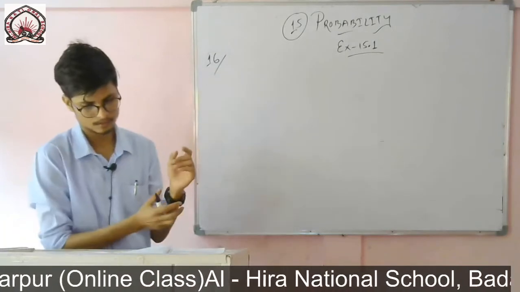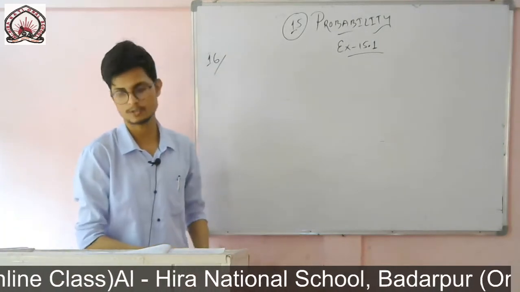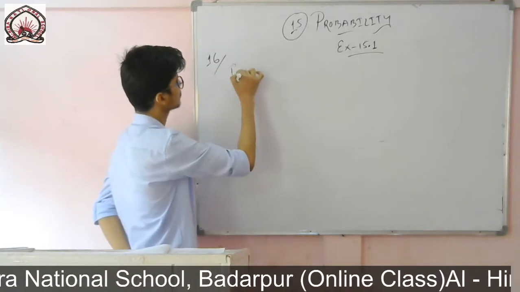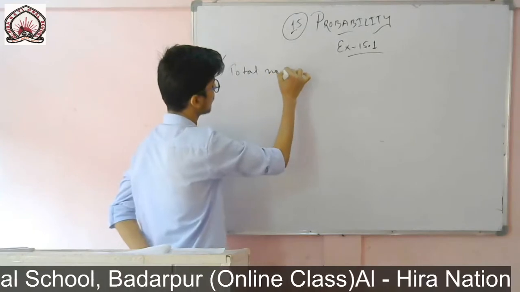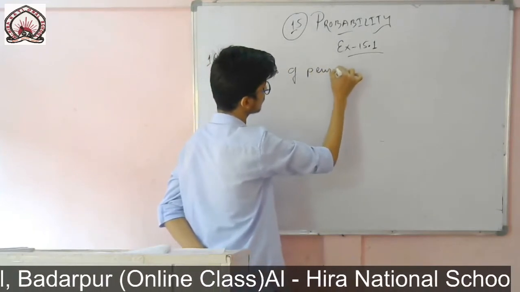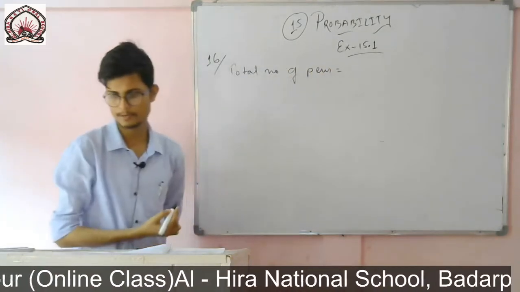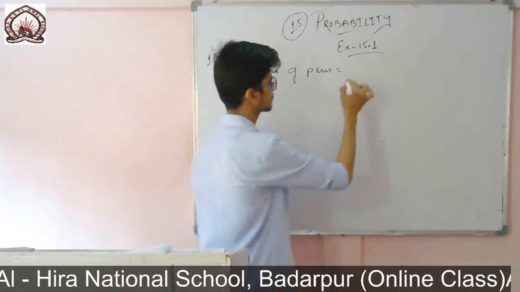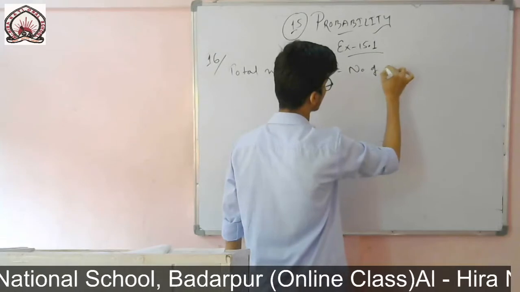Like earlier, first of all I will find the total number of pens. Total number of pens will be equal to the number of defective pens plus the number of good pens.